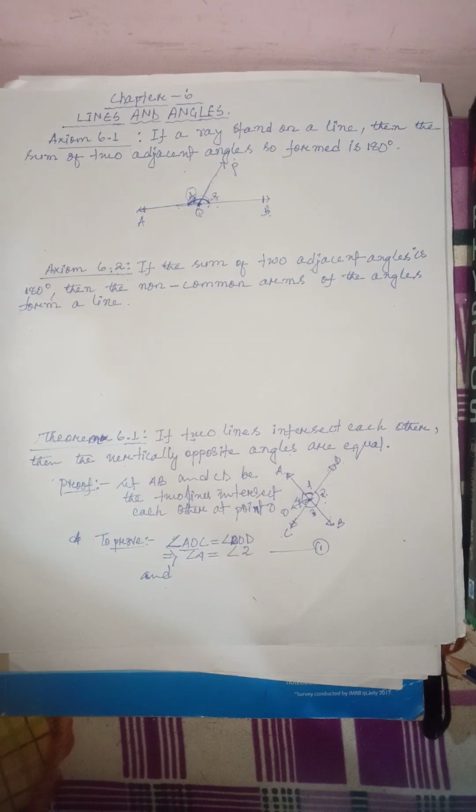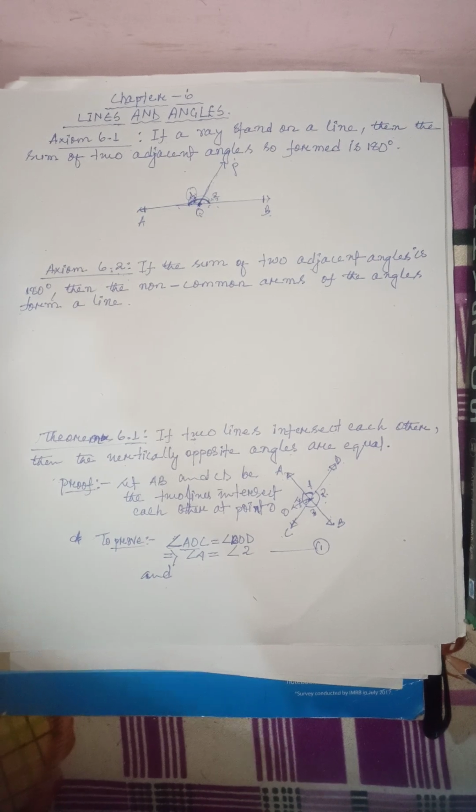And then after that, let us move to Theorem 6.1. In Theorem 6.1, we have: if two lines intersect each other, then the vertically opposite angles are equal. It means there should be two lines. You can take any two lines like PQ, QR, and so on.